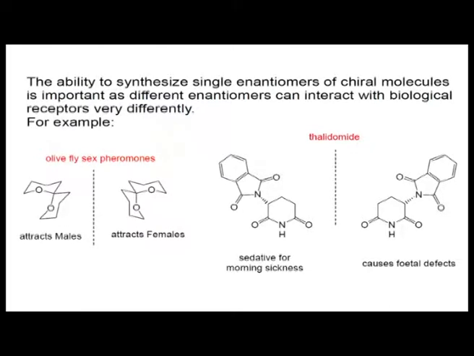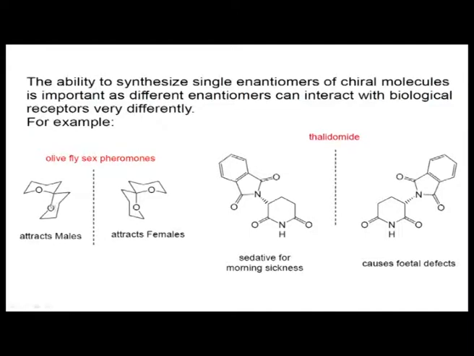I will quote some examples. There are molecules which are artificially made, like this compound. These are called sex pheromones, meaning they can attract the opposite partner. But when you take the mirror image of this molecule, this attracts males and this attracts females. There is only a difference in the stereochemistry. This is the mirror image of this one.